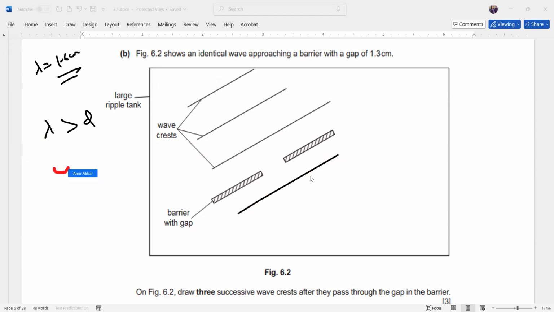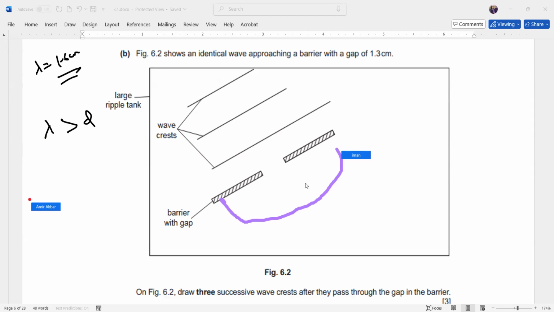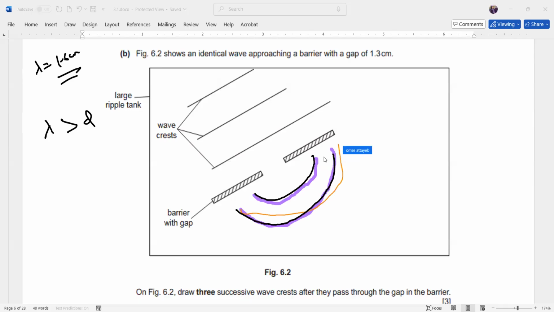It should be a curve. Why curve? Because as you can clearly see, the wavelength is greater than the gap size. So maximum diffraction. How do we represent maximum diffraction? It should be a curve, and it will have the same spacing.